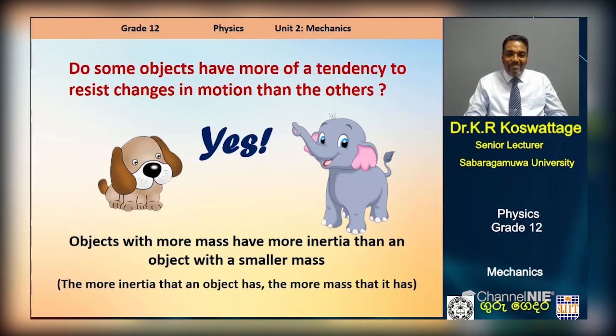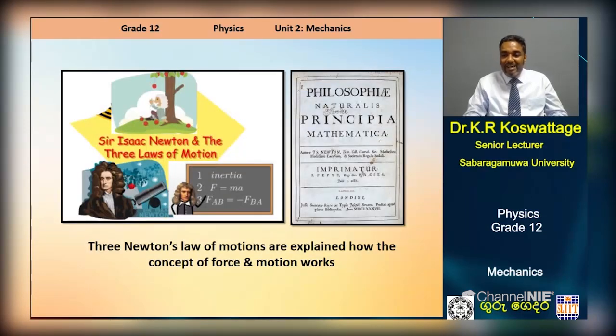So in the early days of the development of physics, many scientists, including Kepler, Galileo, and Newton, developed theories related to the motion of objects. The concept of force and motion can be understood through the three Newton's laws of motion.